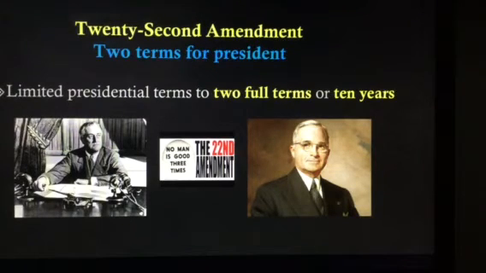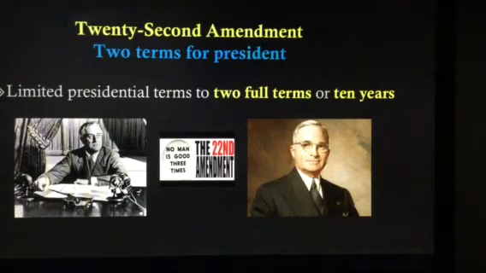Obviously, difficult times in the world. World War II had broken out in Europe, and Roosevelt ran for a 3rd term and then was also elected for a 4th term. He did die in his first year in office of the 4th term, and his vice president, Harry Truman, took over. So notice it's 2 full terms or 10 total years.